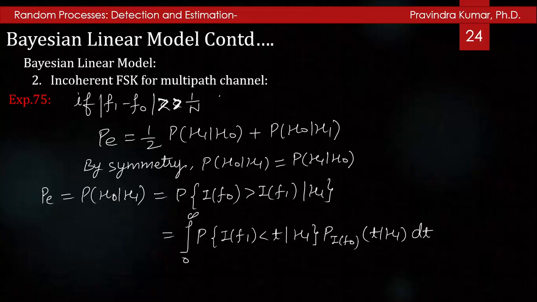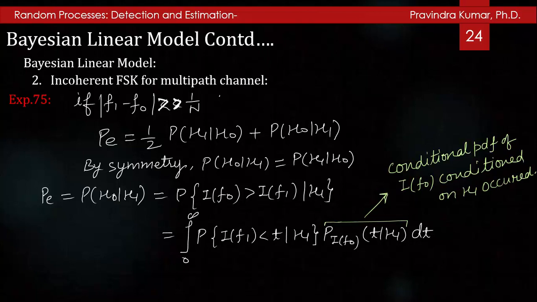So it will be the integration from 0 to infinity of the probability of I(F1) less than T given H1, times P of I(F0) at T given H1 dt, where this P of I(F0) at T given H1 is the conditional PDF of I(F0) when H1 occurs, which is equal to 1 by sigma square e to the power minus T by sigma square.